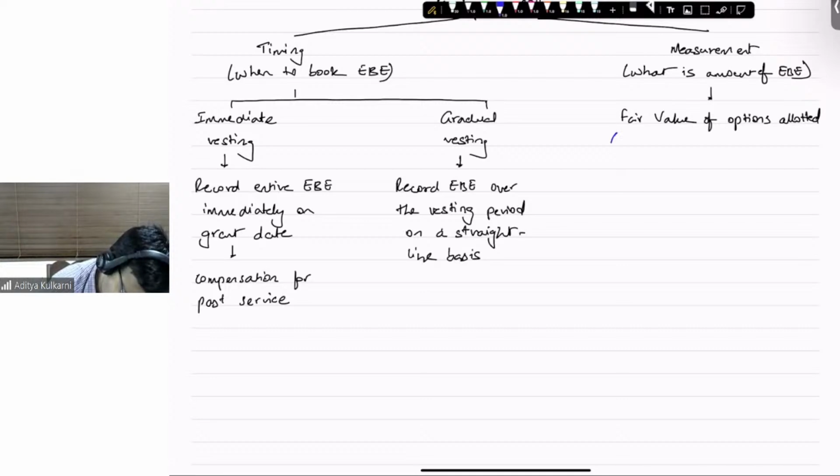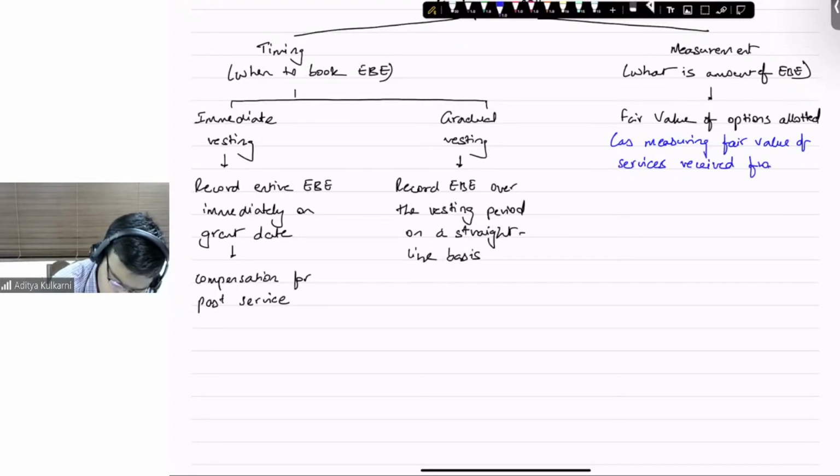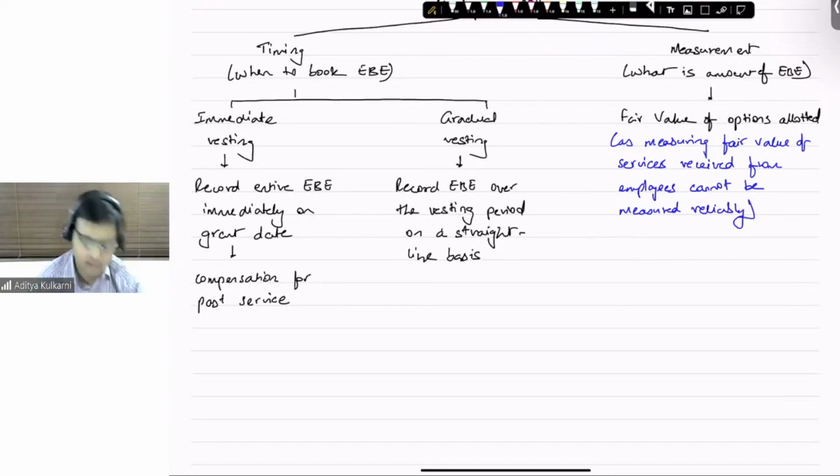You can just write that down as: measuring fair value of services received from employees cannot be measured reliably.